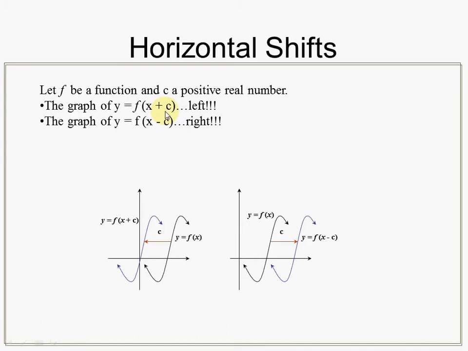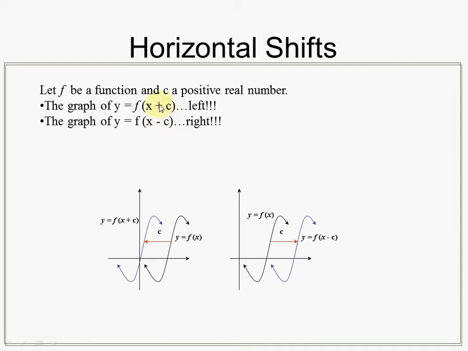Now over here I want to spend a little bit extra time, because with horizontal shifts we are breaking all the laws. We are at a riot where we break windows and all kinds of stuff, because we are going to do stuff that's really contradictory to what we saw before. Over here we have y equals f of, and then inside we have x plus c.